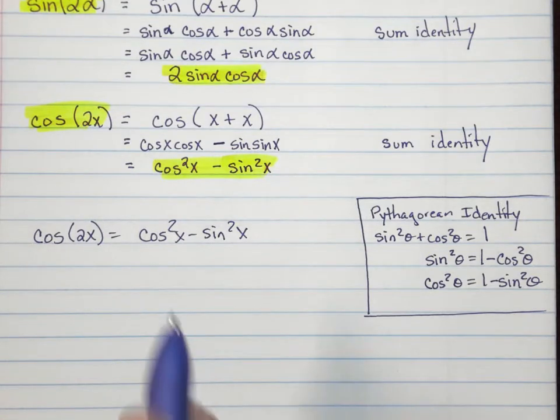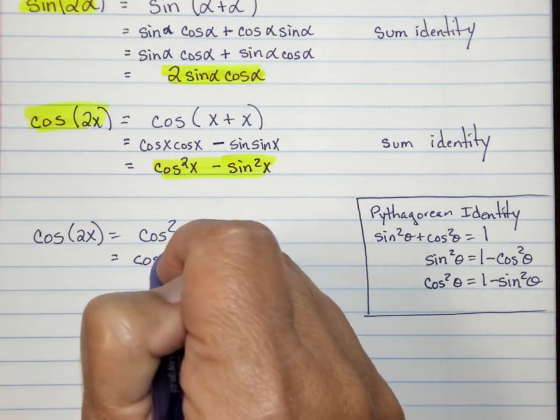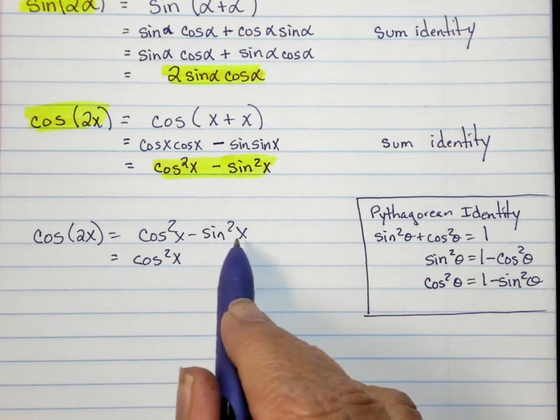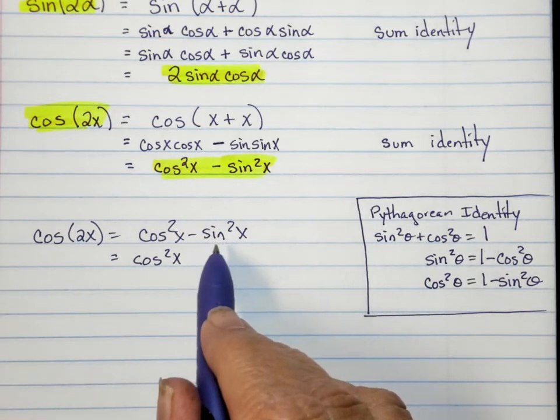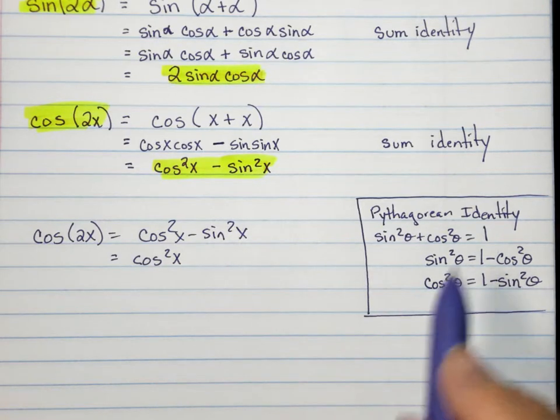But what if I leave my cosine squared x the same and I rewrite this minus sine squared with the Pythagorean identity?